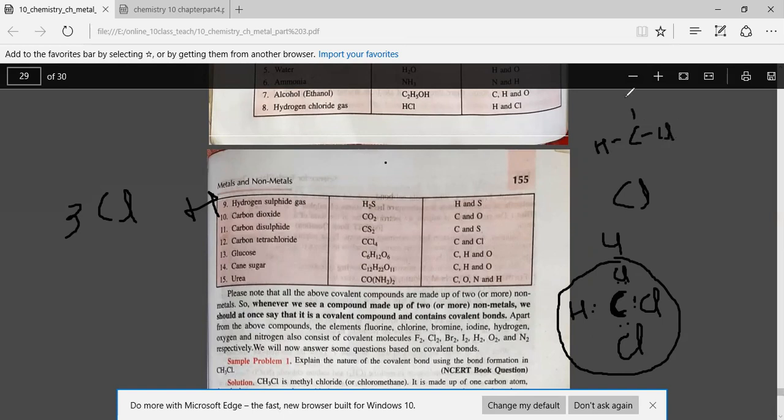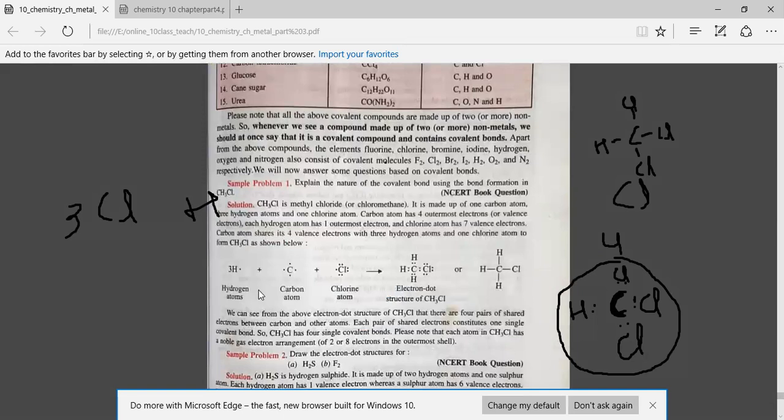So the nature of the bond is that each bond is a single covalent bond. So first you have to show the bond formation, and then write the nature. The nature is single bond, single covalent bond.